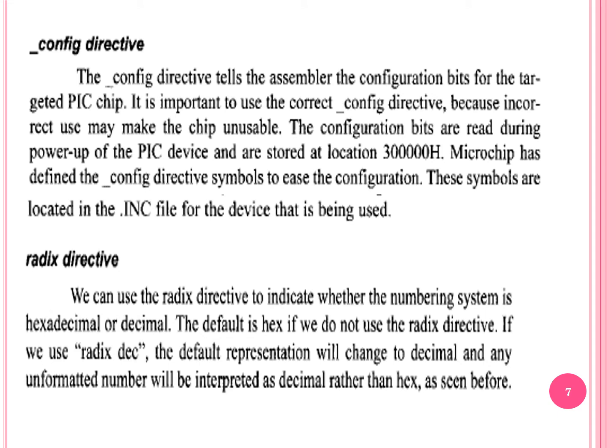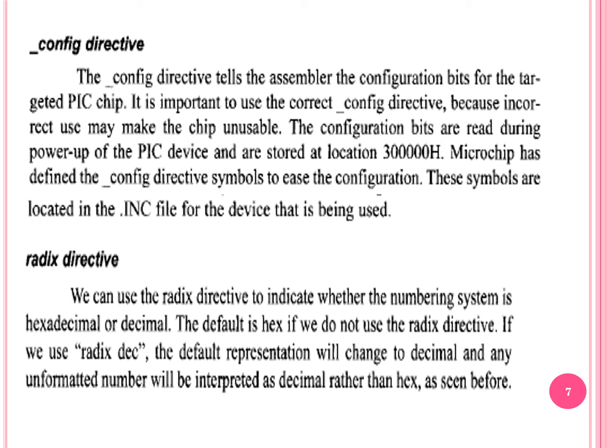Then the config directive. The config directive tells the assembler the configuration bits for the targeted PIC chip. It is important to use the correct config directive because incorrect use may make the chip unusable. So you have to remember this. The configuration bits are read during power up of the PIC device and are stored at location 300000H.